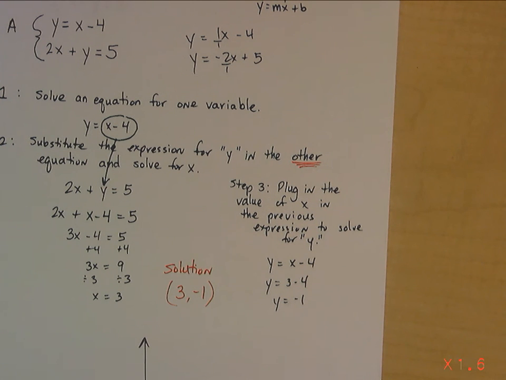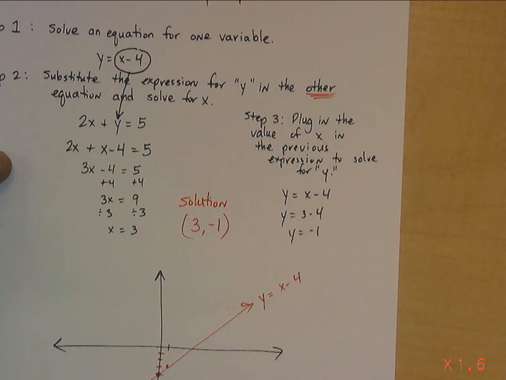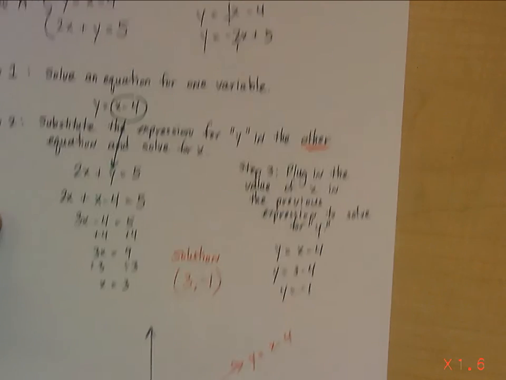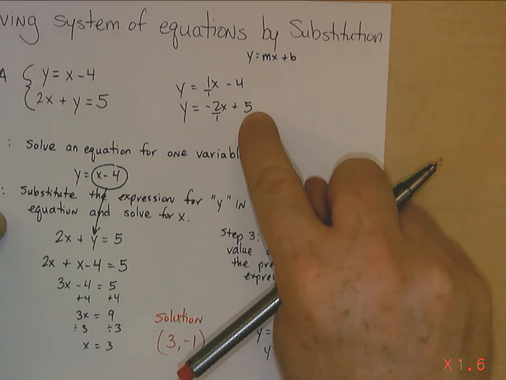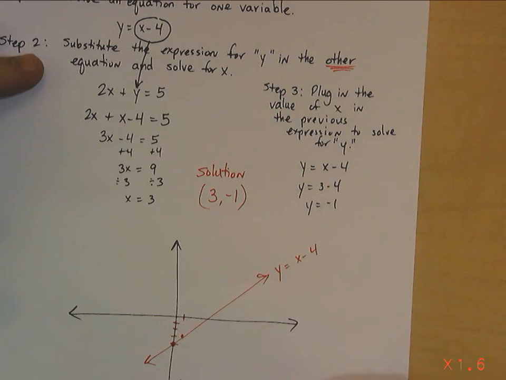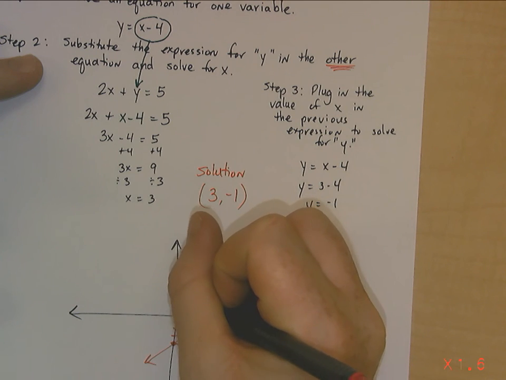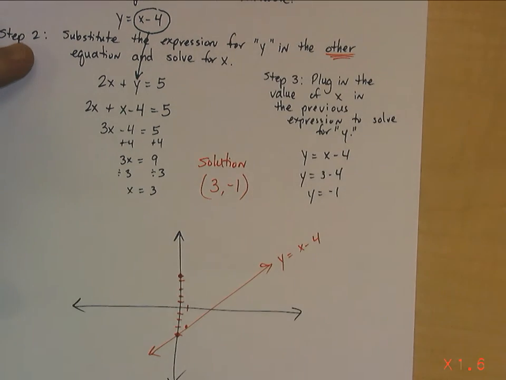Our line's going to be something like that. Something not really perfect here since I don't have a grid to go with. So y equals x minus 4. Sorry, I didn't show that to you earlier. Our y-intercept is negative 4, and we go up 1 over 1. That's the slope. For this one here, our starting point is positive 5. So we start up here: 1, 2, 3, 4, 5. Sorry, it's a little off. Again, I don't have my grid paper here.